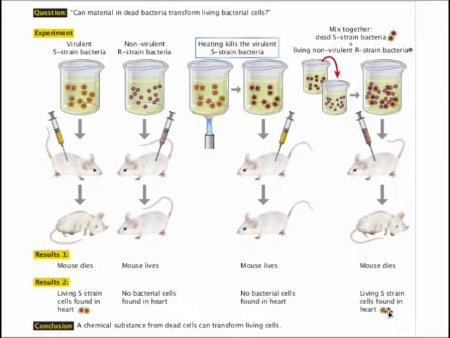And so he concluded that there's a chemical substance from the dead cells that was transforming the non-virulent bacteria into virulent bacteria.